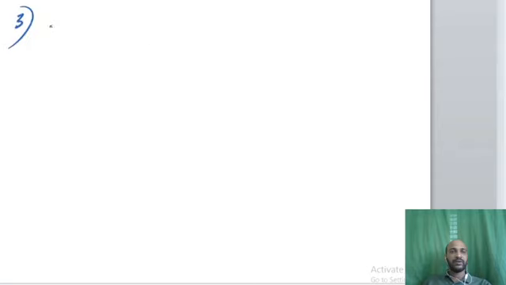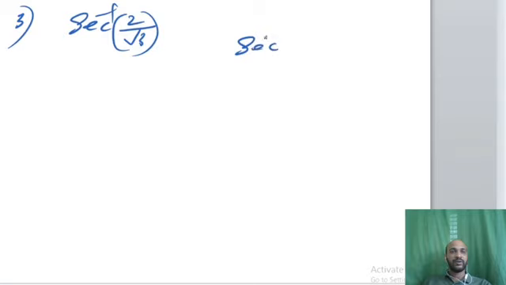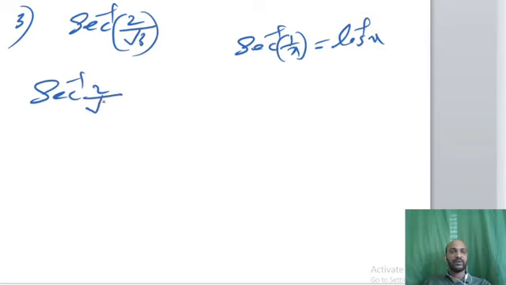Consider the third question. Find the principal value of sec inverse of 2 by root 3. Here first you have to apply the result for sec inverse of 1 by x. What is sec inverse of 1 by x? That is cos inverse of x. Therefore, sec inverse of 2 by root 3 is equal to cos inverse of root 3 by 2.